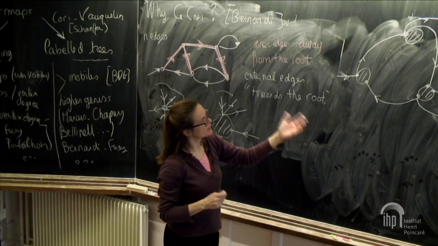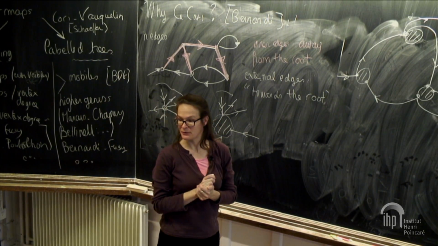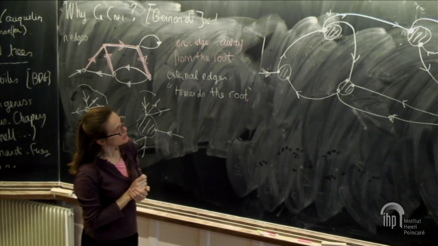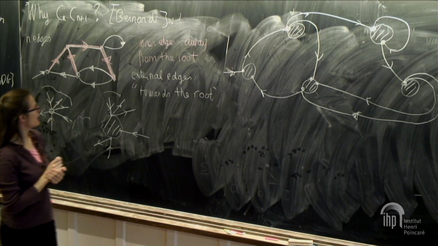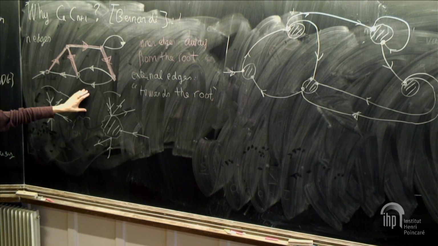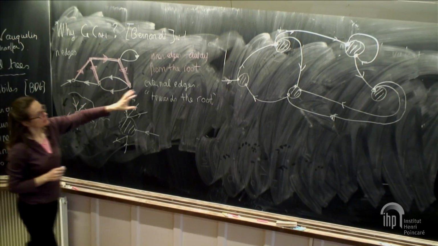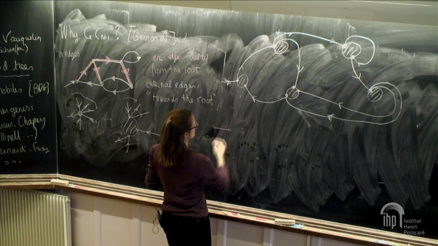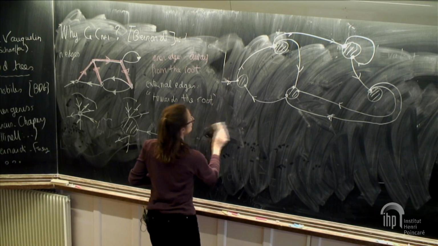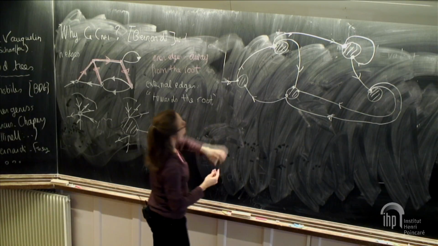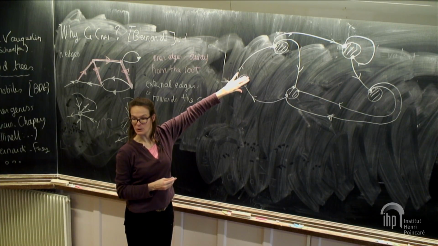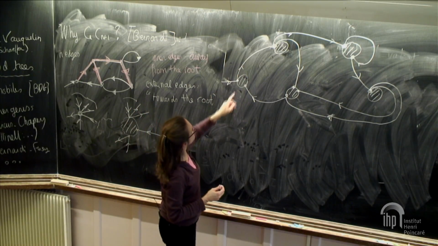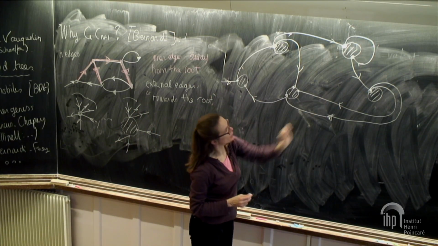OK, so here I claim that we have two pieces. So first, I claim we have a tree with n edges. And so the edges have been preserved. But if you drop the blobs, what you have is a tree with n edges, with all edges oriented away from the root.